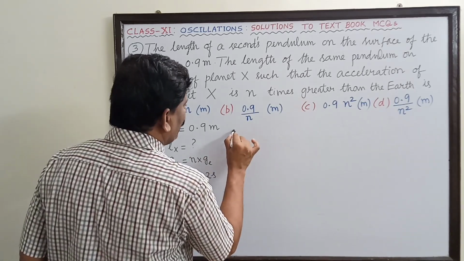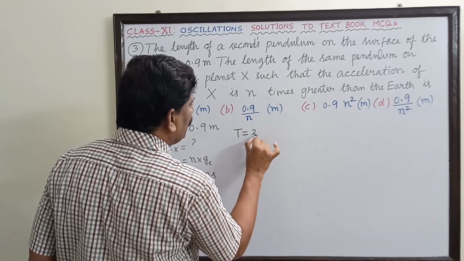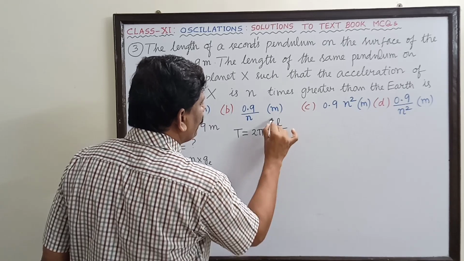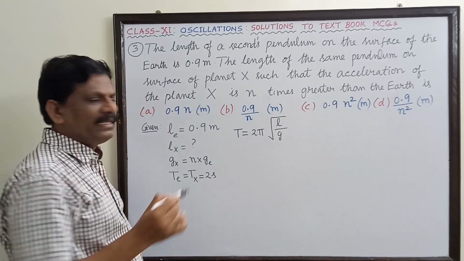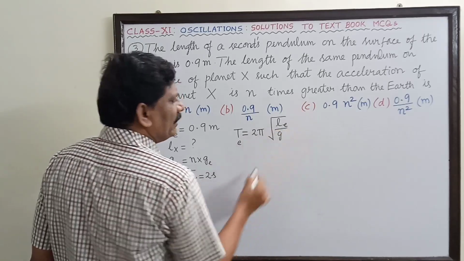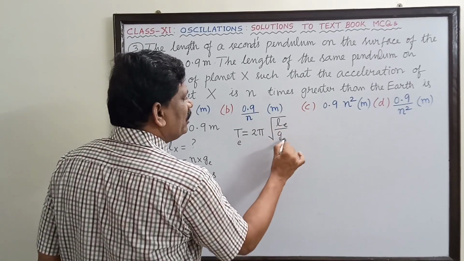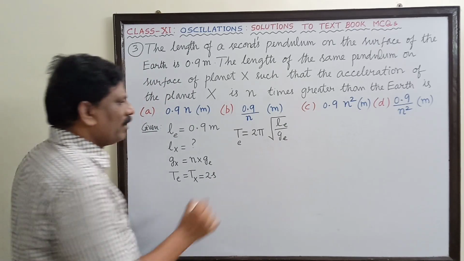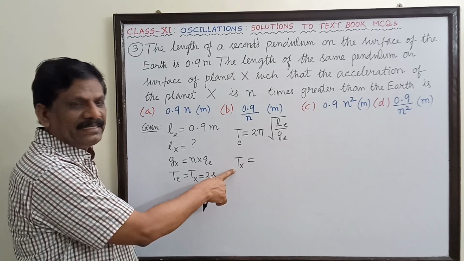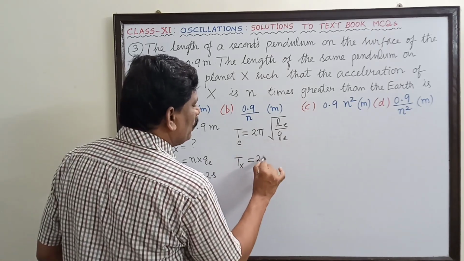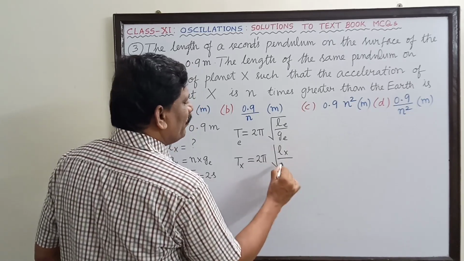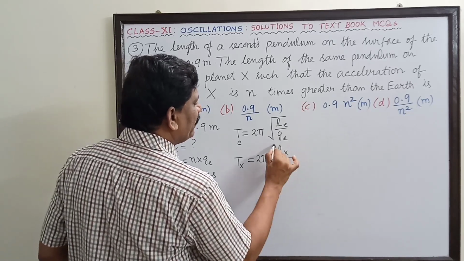Now what is the general expression for period T? T is equal to 2 pi into square root of L by g. Now on the earth, T_e, with L_e as the length on earth and g_e as g on earth. Then on the planet X, T_x, the period of oscillation on the planet X, is equal to 2 pi into square root of L_x divided by g_x.